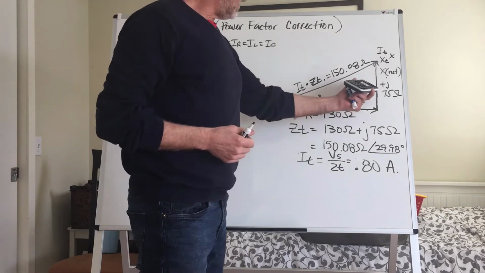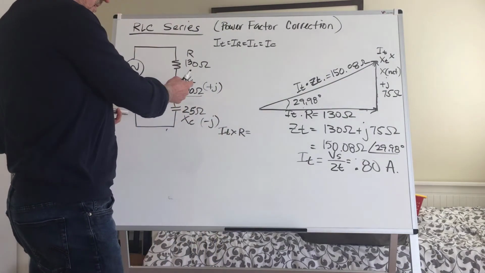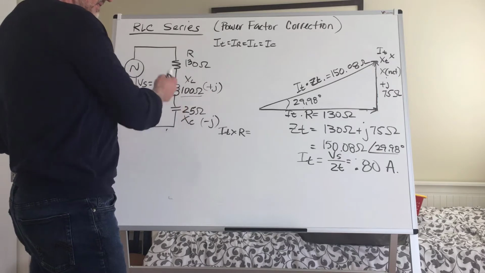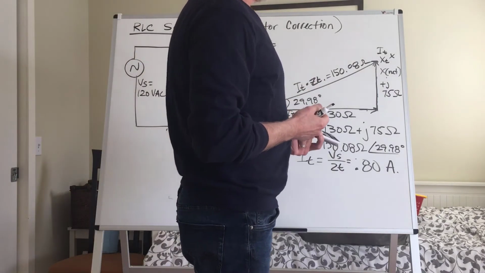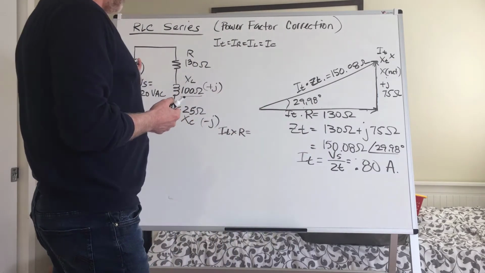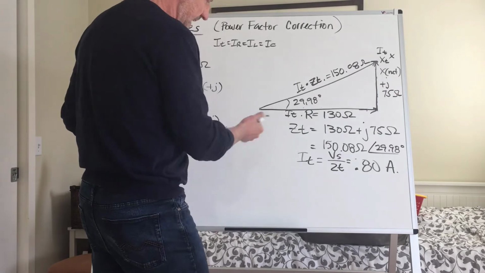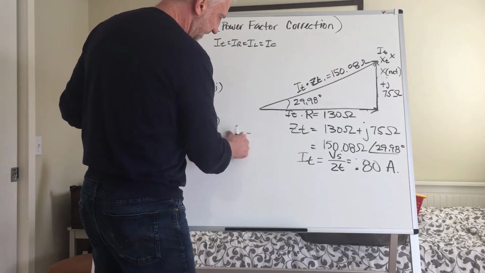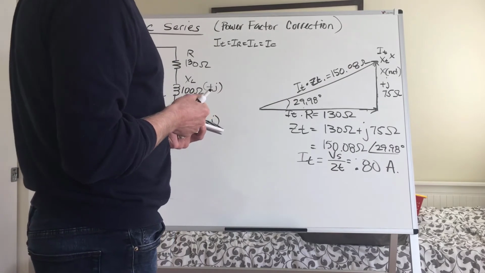If we go I total times our X net value, that's going to be the result of VL minus VC, if you were to verify that, and then I total times Z total is going to give us our source voltage, okay? So I'm not even going to actually do that because you can verify that if you like. It'll all work out, proving Kirchhoff's voltage law and things of that nature.